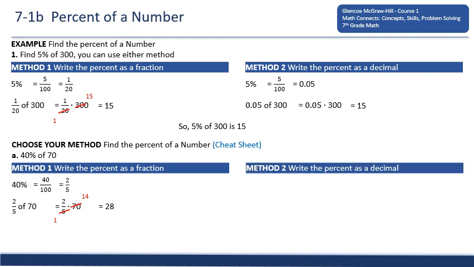We do that as a percent, as a decimal. 40% equals 40 over 100 equals 0.40. 0.40 of 70, or restated as 0.40 times 70. We multiply that out, we get 28. So 40% of 70 is 28.